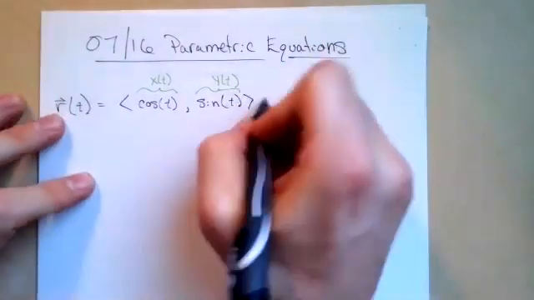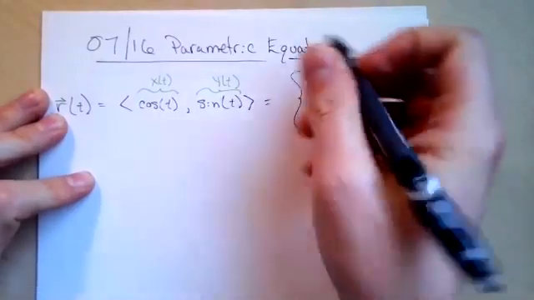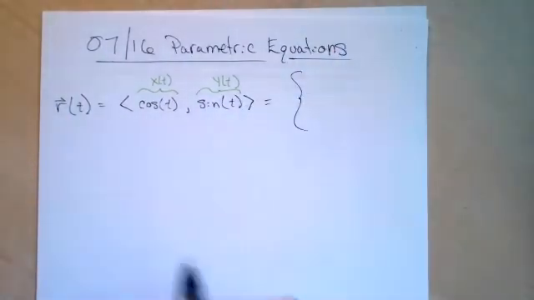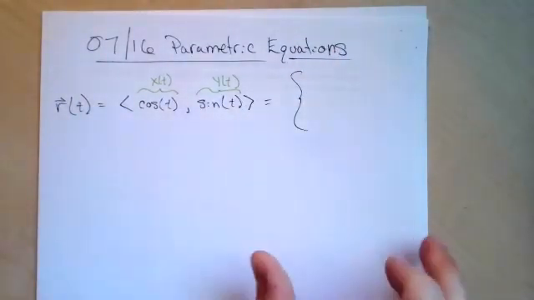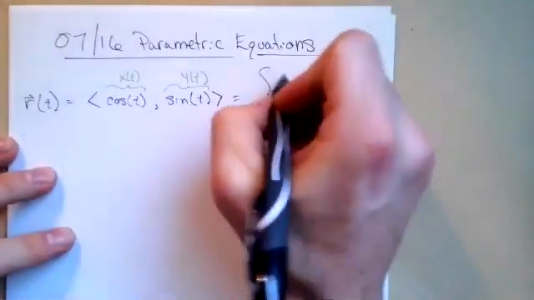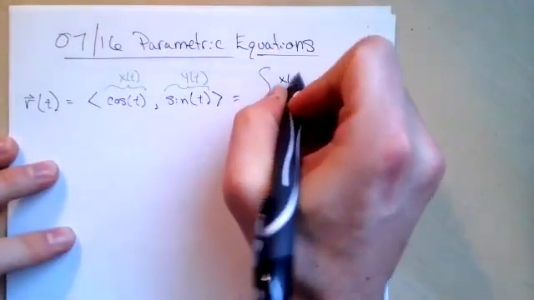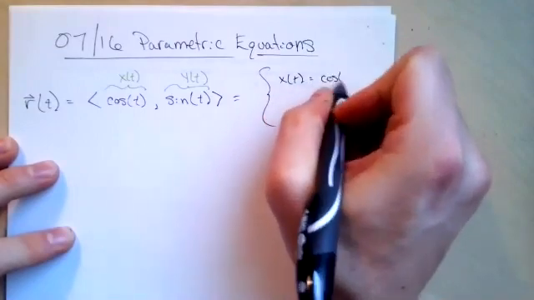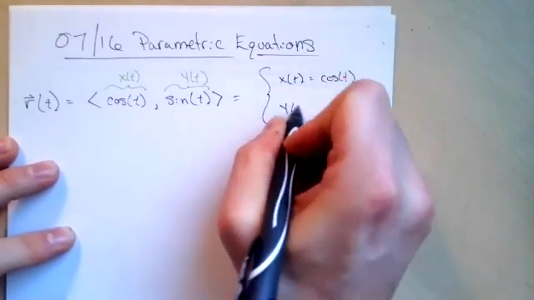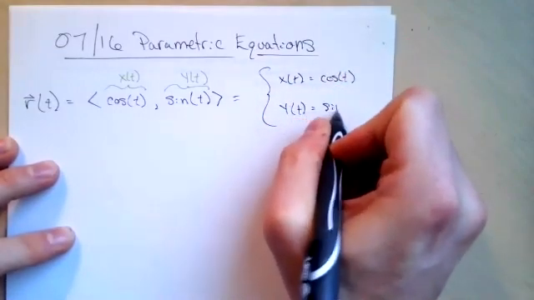It's essentially the same as writing it in a case notation, where we have x of t equal to cosine t and y of t equal to sine t.